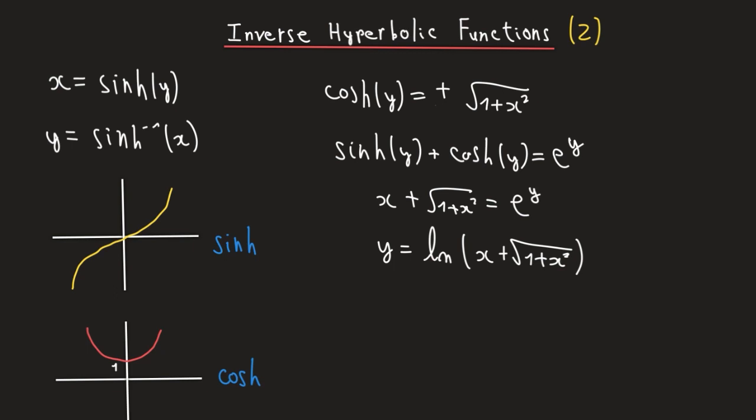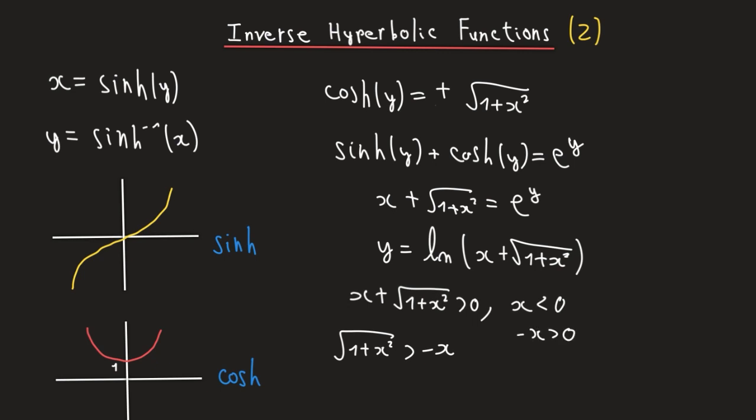But now let's imagine that x is negative. We want to know when x plus the square root of 1 plus x squared is positive when x is negative. Well, this would mean that the square root of 1 plus x squared is greater than negative x, but negative x is a positive number, right? Because since x is a negative number, minus x is positive.